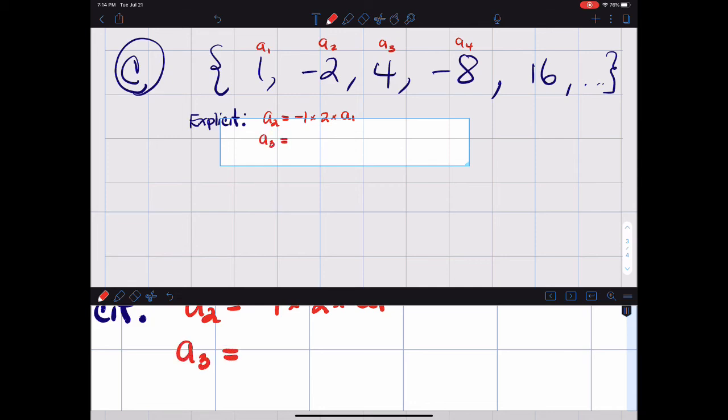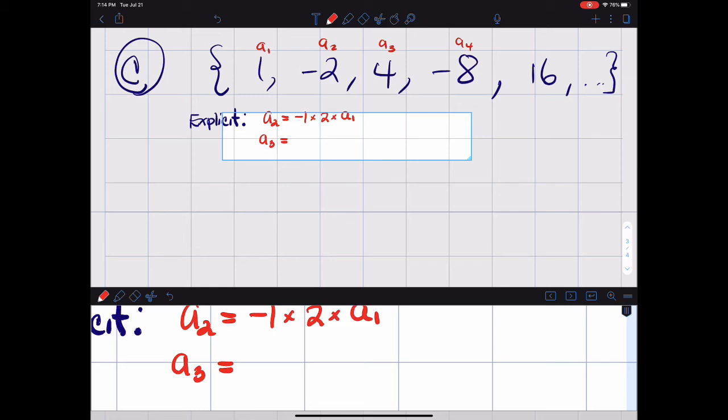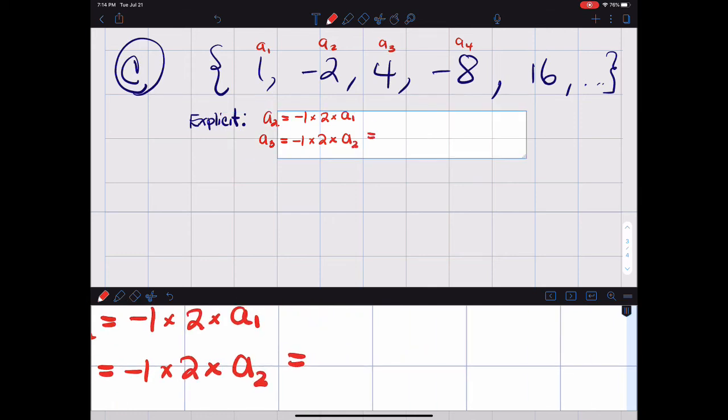A3 is -1 times 2 times A2, which is -1 times 2 times A2, which is -1 times 2 times A1.